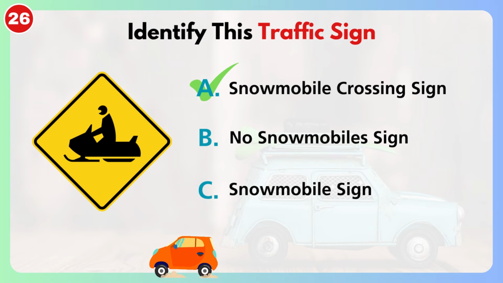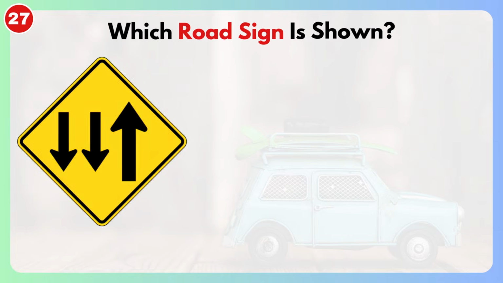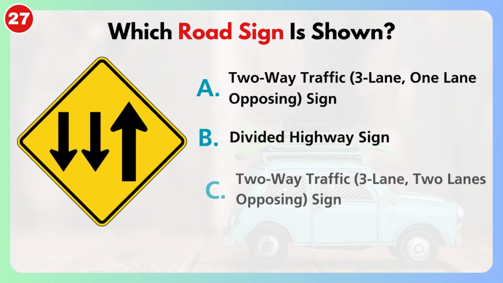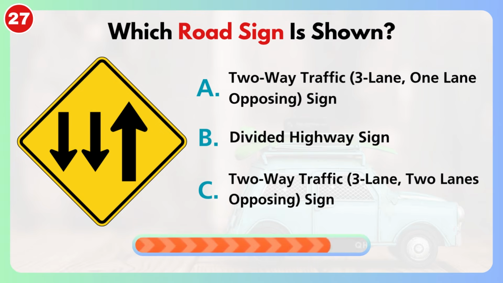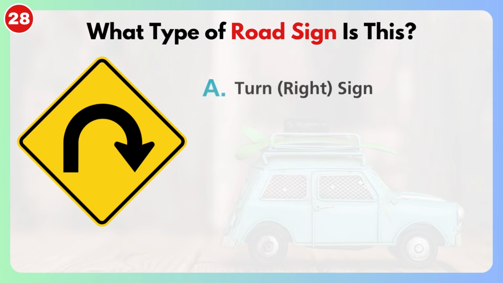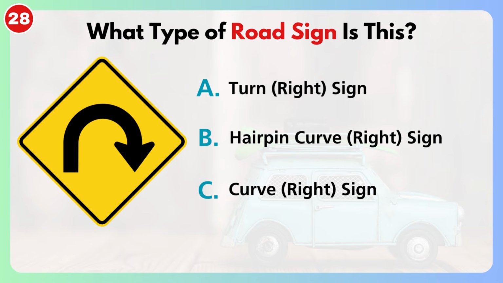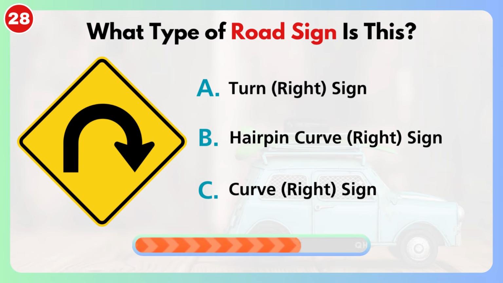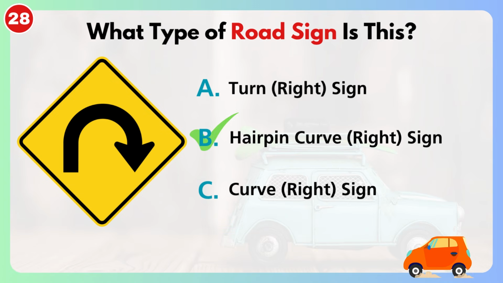Snowmobile crossing sign. Which road sign is shown? Two-way traffic, 3-lane, 2 lanes opposing, sign. What type of road sign is this? Hairpin curve, right, sign.